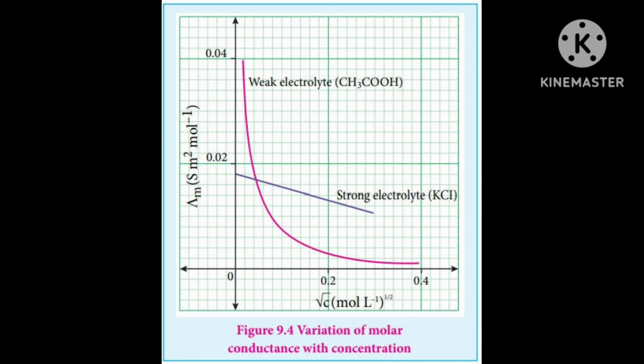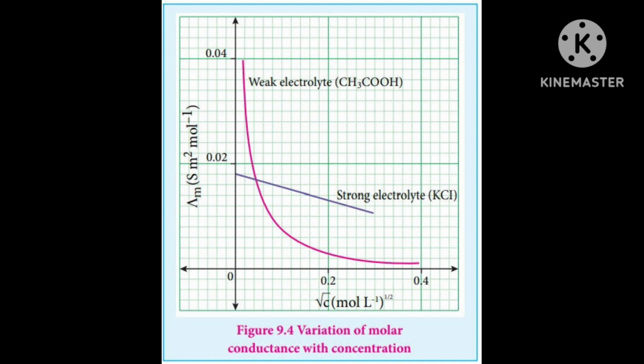Then three things you have to calculate. Rho value calculated means resistivity. Then conductivity. What is the conductivity? Conductivity, you know, is the inverse of rho, means 1 upon rho is equal to kappa. That is the conductivity.